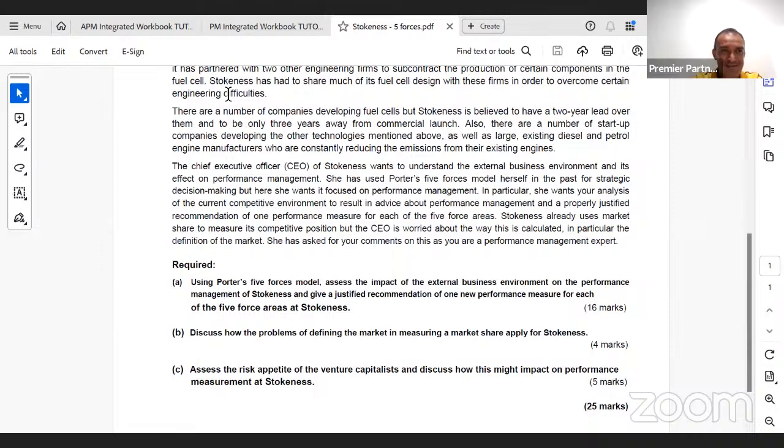2 marks, yes. Right? Because from 16, 5 goes for the 5 performance measures, about 2 for the explanation. So that's 7. The balance 9 is only the main answer, which is assess the impact of the external environment on the performance management of Stokeness. It's a very super question.